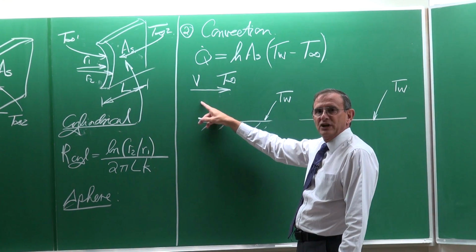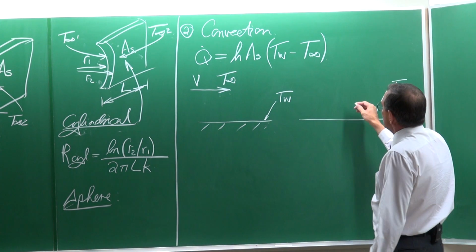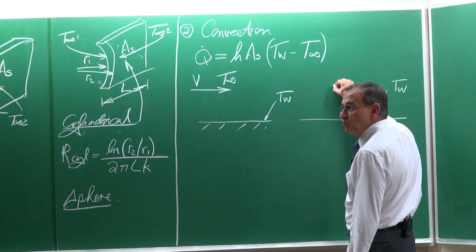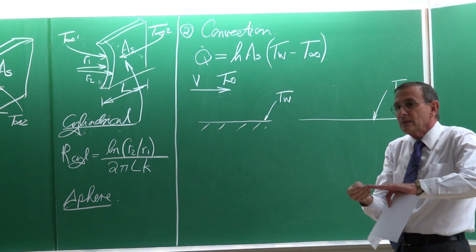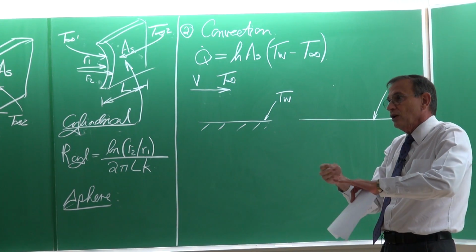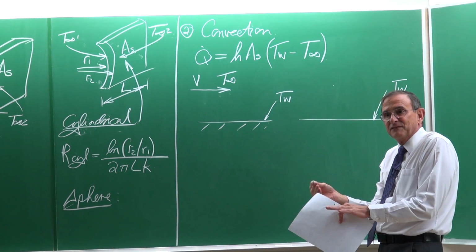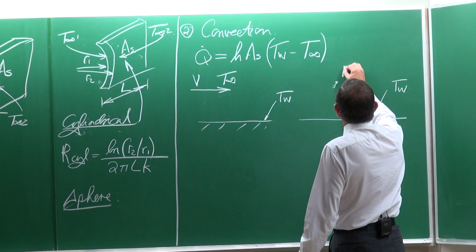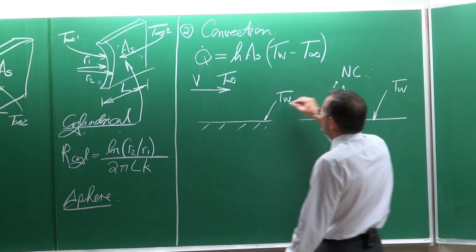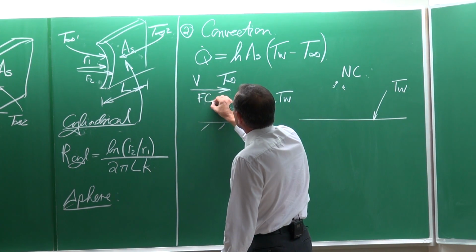0.05, and somewhere you get to a point where this velocity is really so small that it has the same effect as smoke. It goes up because of the density differences. So the velocities are very, very small. So this is called natural convection, and that is called forced convection.